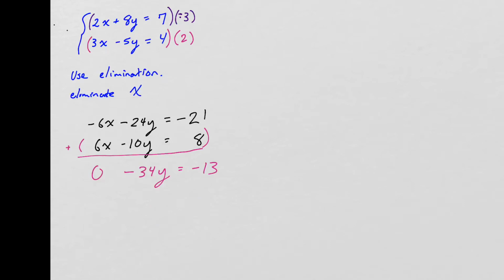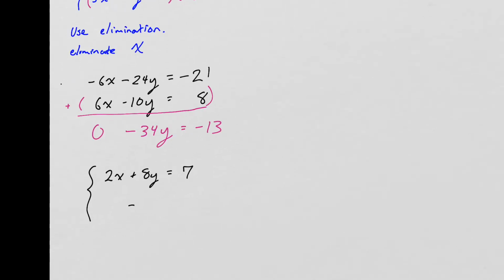So what we have here is the system. We could write either the first equation or the second one, but let's just write the first one first. 2x plus 8y equals 7. And we also have -34y equals -13. Now, both of these are pretty gross.